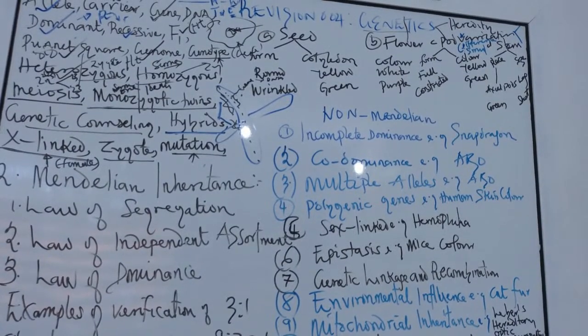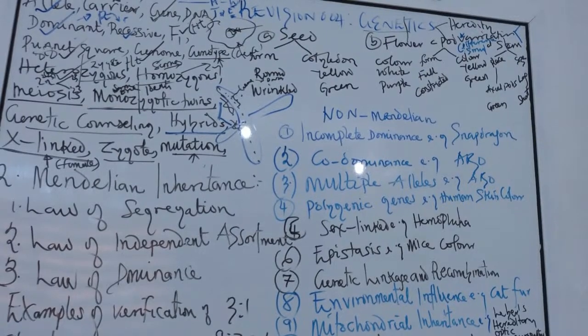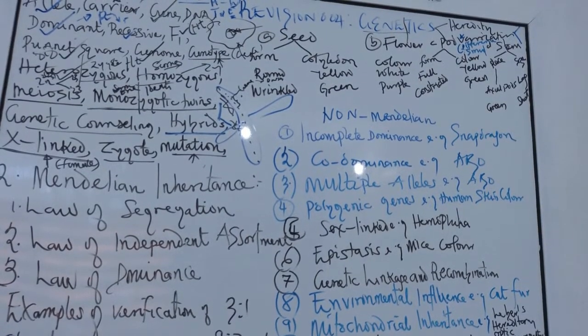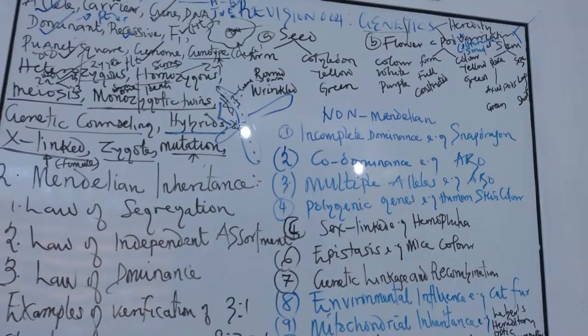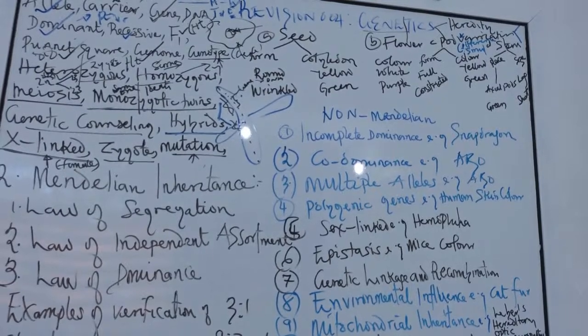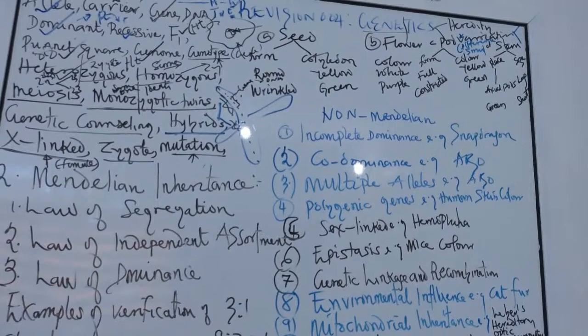And the second law, also called the law of independent assortment, states that alleles from different genes, for example, if we are considering tallness, that is the height, and at the same time we are also considering color, and that's why they call it the law of dihybrid inheritance, get independently assorted of one another.